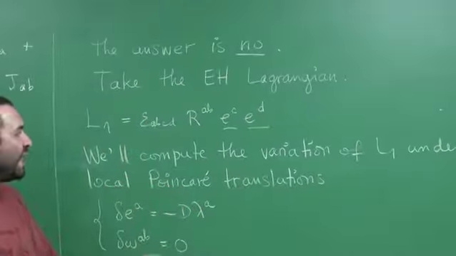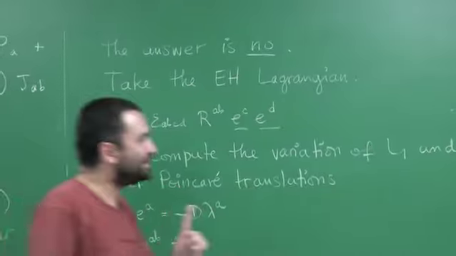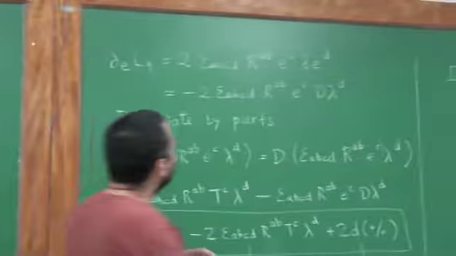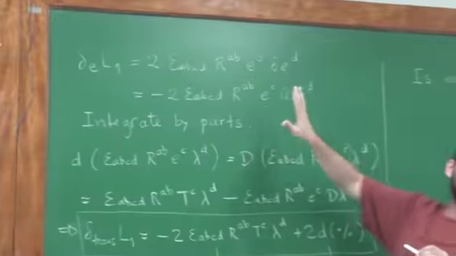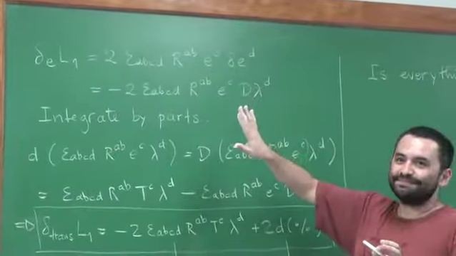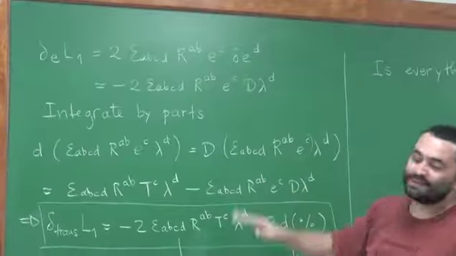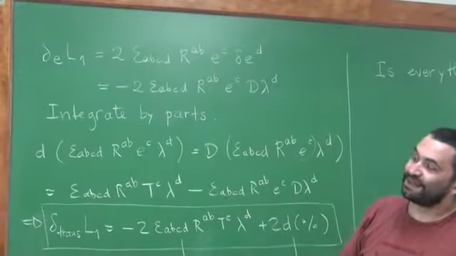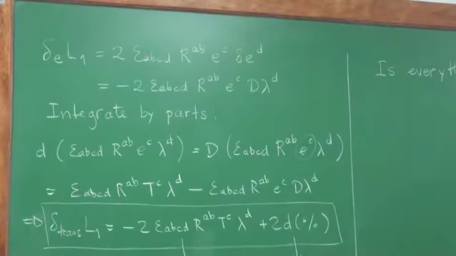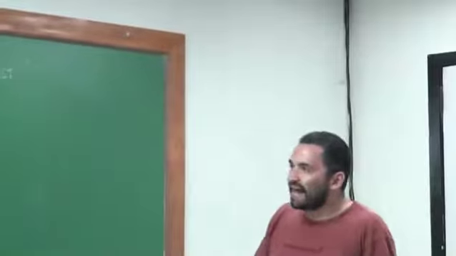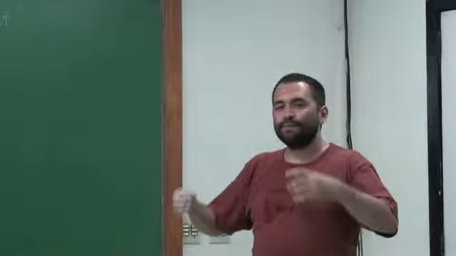But if we had only one field bein, if this guy wasn't there, then this would be invariant. Well, but we don't have one, we have two. But that's a nice observation. If we had only one field bein, this would be invariant.